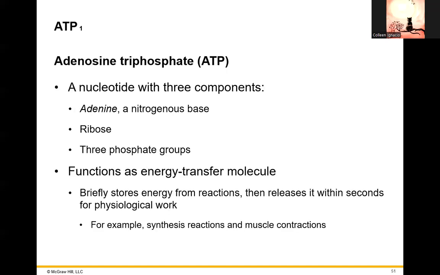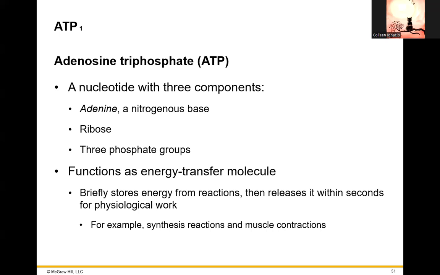Okay. ATP. This is really important for you to understand. ATP, adenosine triphosphate. This is important. This is energy. Okay, energy. So ATP itself is a nucleotide. It has three components: adenine, which is a nitrogenous base, ribose, and it also has three phosphate groups, thus the name triphosphate.